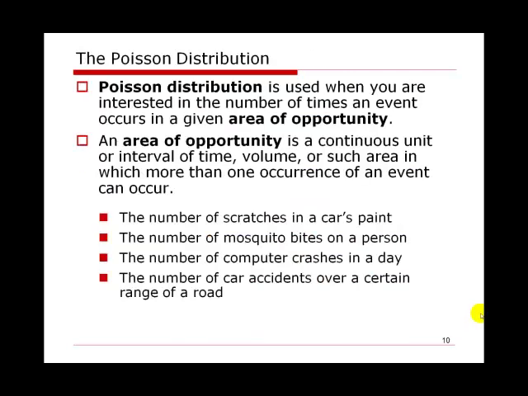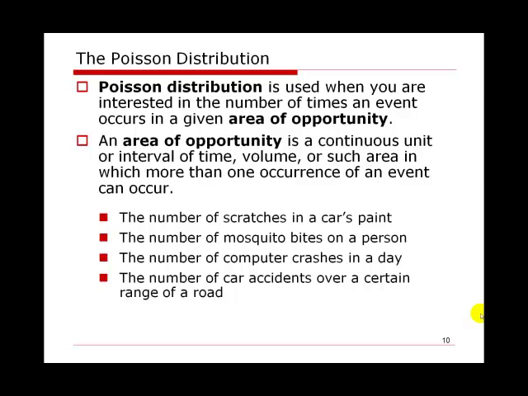Next, we'll look at the Poisson distribution. The Poisson distribution is about similar things as the binomial distribution. It is about the case where we are interested in the number of times an event occurs.